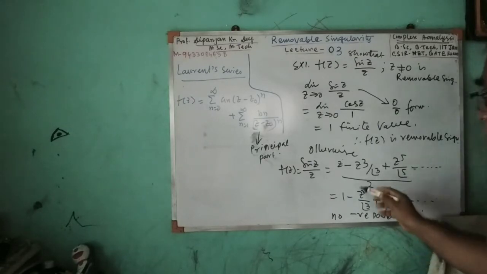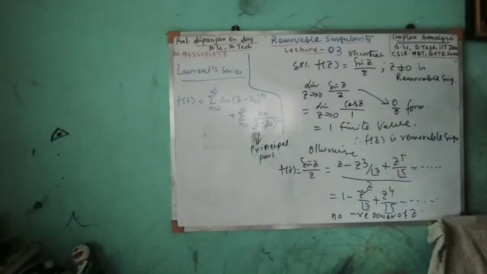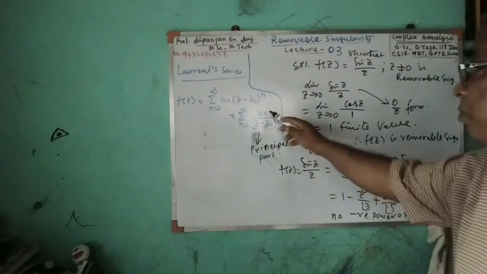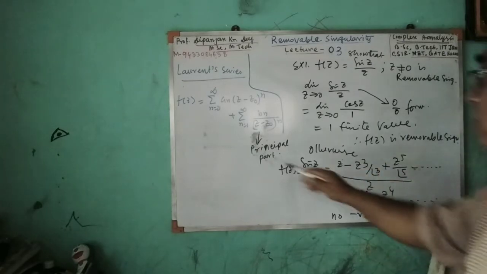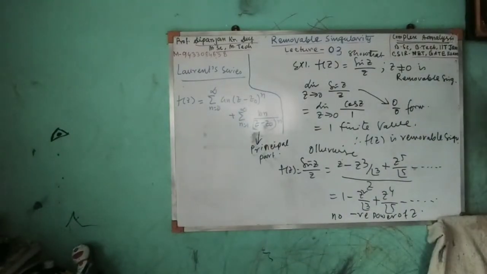That means if we compare this with the Laurent series, the principal part becomes 0, that is b1, b2, b3 are all 0. So no negative power of z, only this part is given. So it is known as a removable singularity.